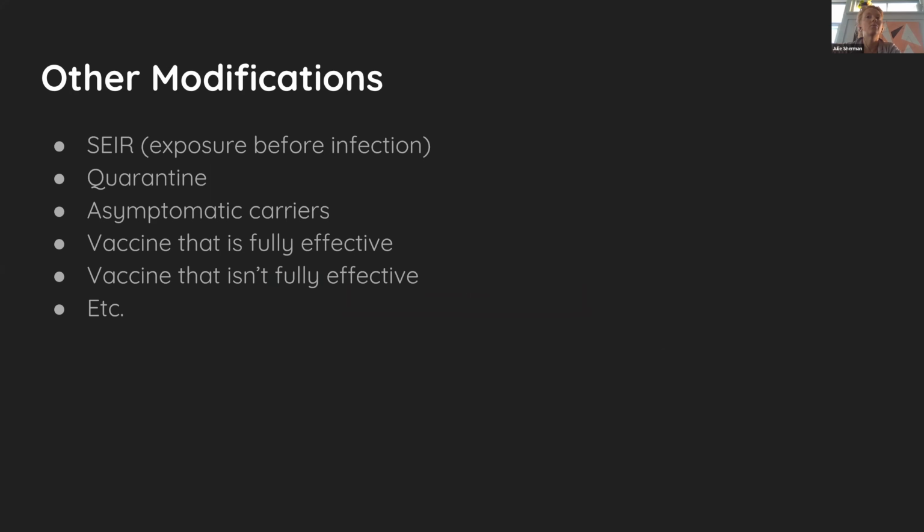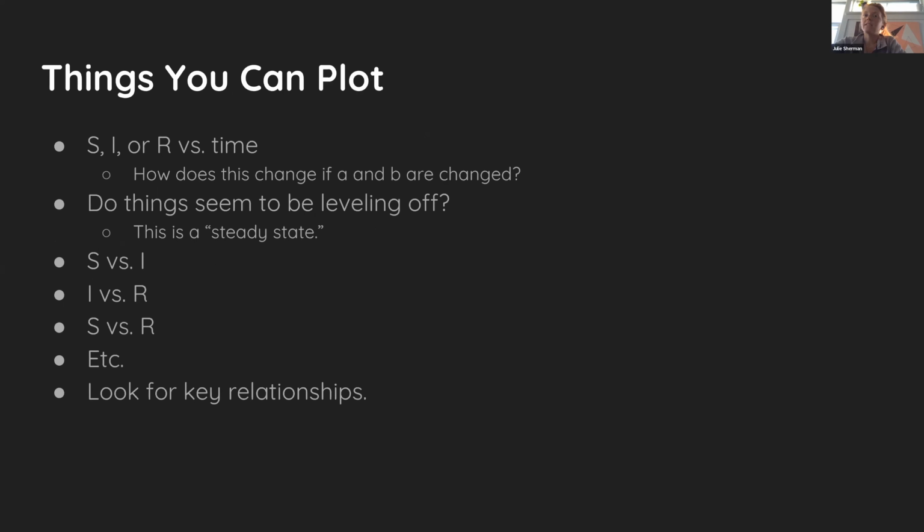We can think about what happens if there's a vaccine. What if it isn't fully effective? And think about how that would change one of the parameters, changing between the 3 or more states, or how it might be its own state, and we can add more states. So I think that this is a really powerful example.